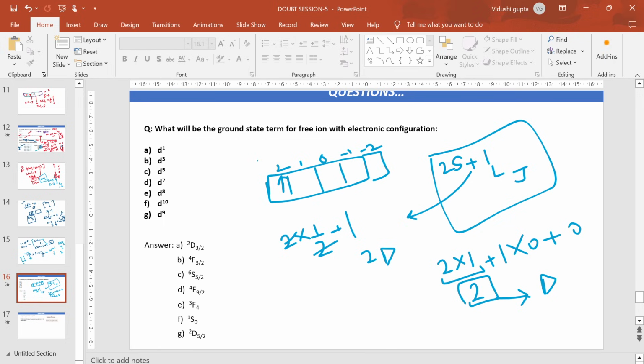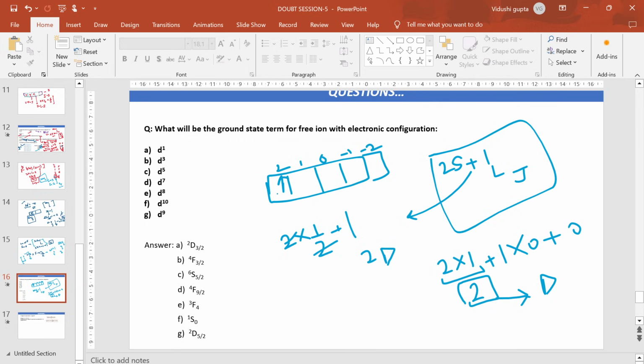I discussed earlier, if your subshell is half filled, then J value is exactly the same as S. If it is less than half filled, then it is L minus S. If it is more than half filled, then L plus S. D can accommodate a total of 10 electrons, but here it has only one, so it is less than half filled.